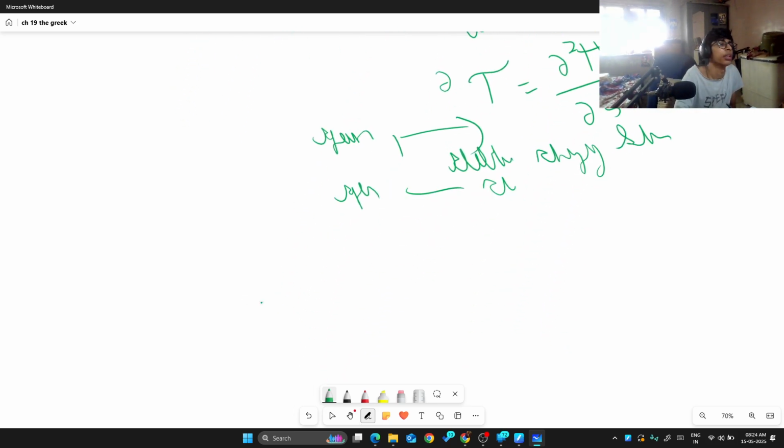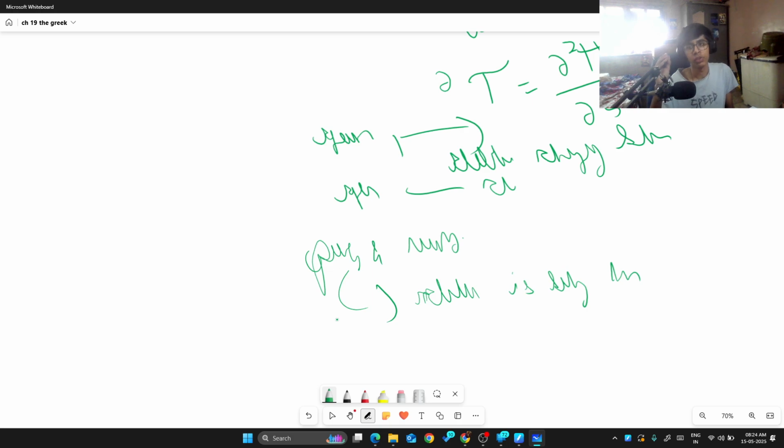The gamma can be positive and negative, and delta is very sensitive to the underlying asset, and the gamma gives the value of how sensitive the delta is.